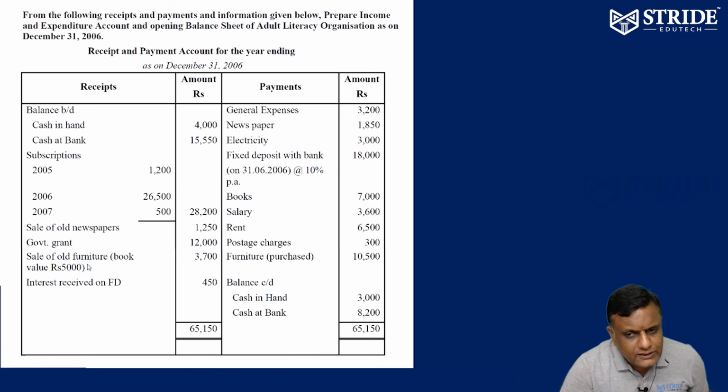Sale of old furniture. Book value of furniture 5,000, now sold for 3,700. What is the loss? 1,300 is a loss. The loss is to be recognized.